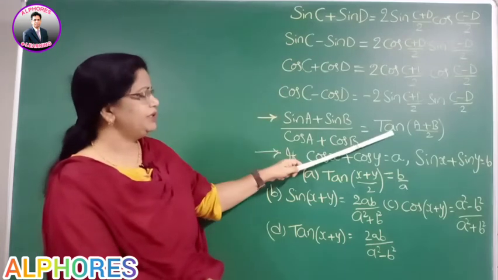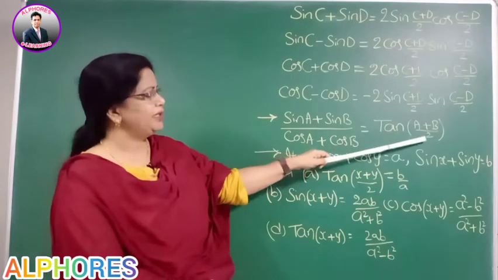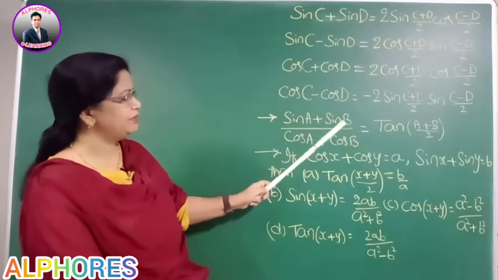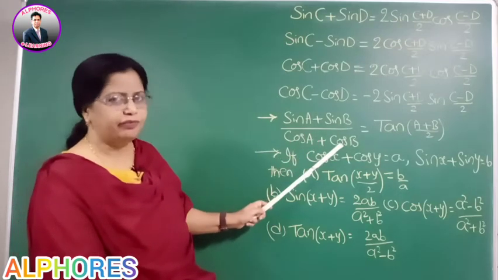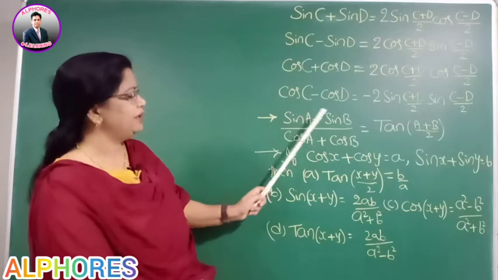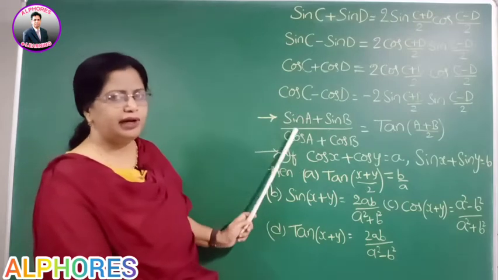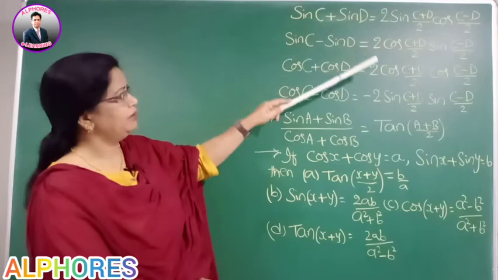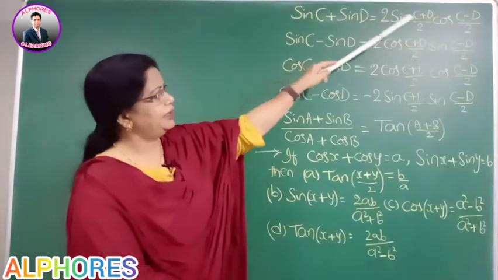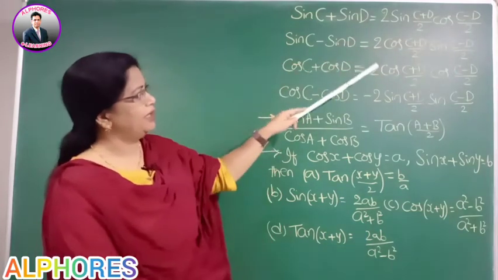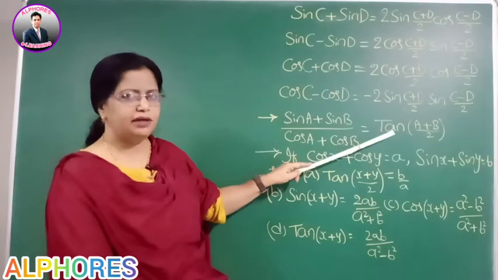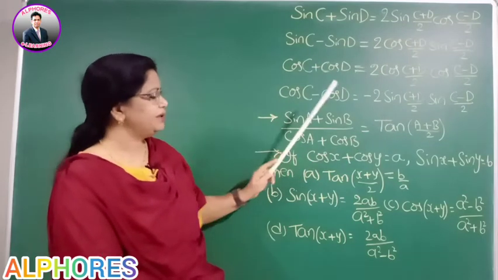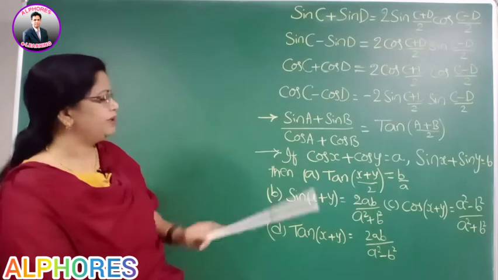Okay students, then you got tan of (A plus B)/2, as the problem is in terms of angles A and B, right? So sin A plus sin B by cos A plus cos B, you got directly by applying the 2 formulae, and after that both cos values get cancelled, 2 get cancelled, and thereby you got this kind of value. Okay students, so let us remember this one as a formula.